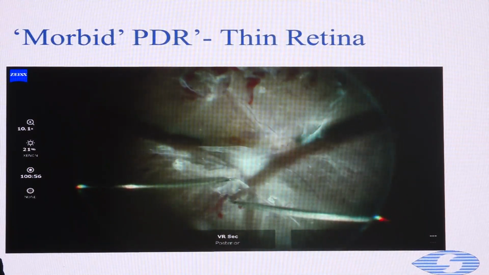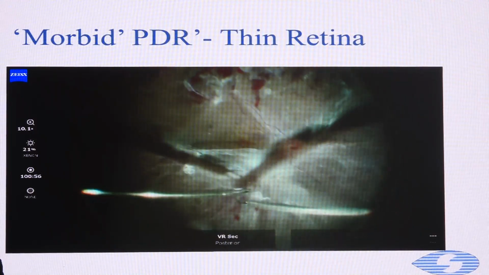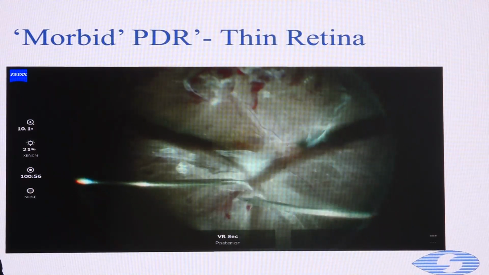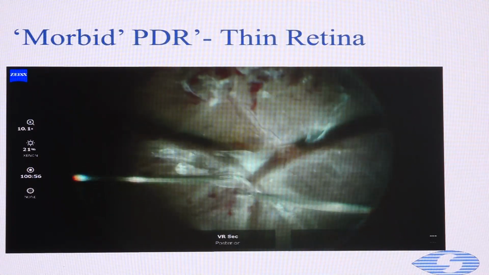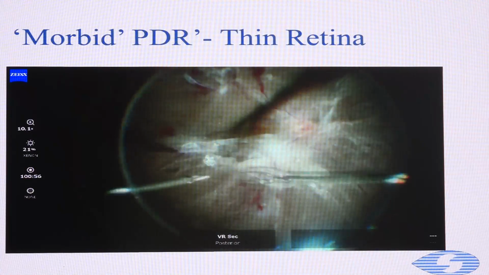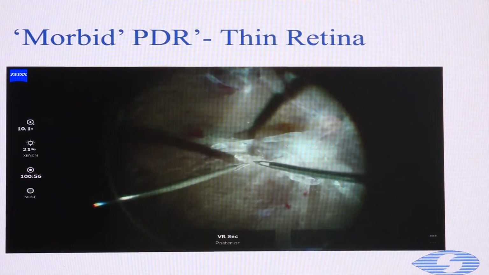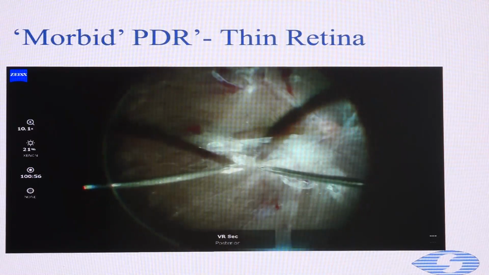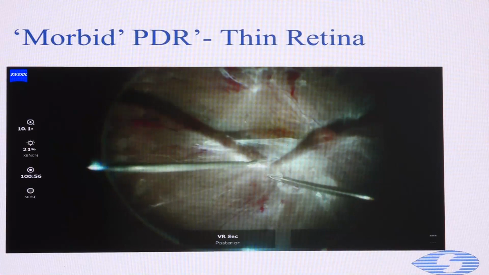In this case, the retina seems to be extremely thin and schitic, so any undue force on this retina would lead to an iatrogenic break for sure. At least in my hands, the bimanual way would be the better way. We'll see in the discussion whether Dr. Sangeet would really go ahead with the unimanual way in this case.